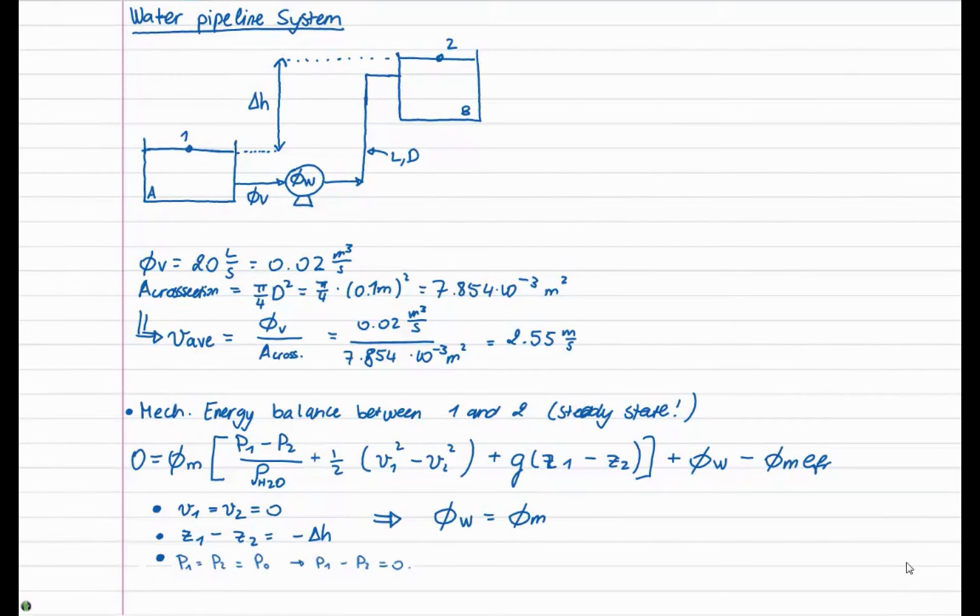So if we consider these three things and isolate the pump capacity, we find phi subscript W equals the mass flow rate times the energy dissipation plus gravity times the height difference.